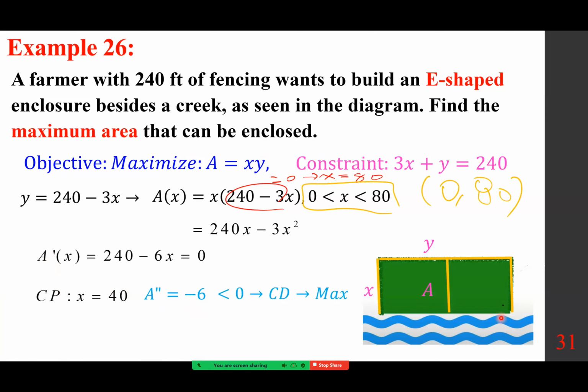So maximum occurs when X is 40. If you plug it into this one or this one, Y becomes 120. And the maximum area is the product of the two. So the dimensions are 40 by 120. The maximum area is 800 square feet.